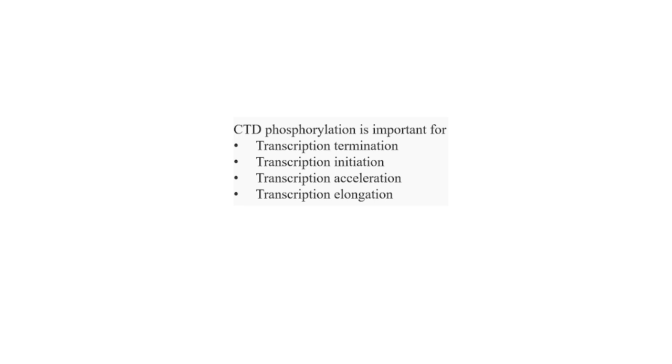CTD phosphorylation occurs in the case of eukaryotes, not prokaryotes. So I have given you two hints. Now you think what can be the answer. Carboxyl terminal domain phosphorylation is important for what?